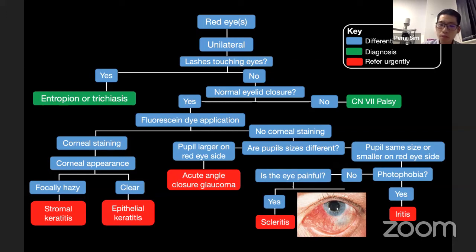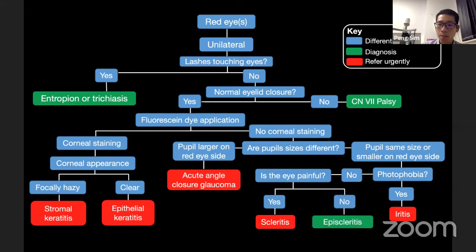If the eye is not painful, the patient is relatively comfortable, and the pain is bearable, then it's the benign version of scleritis, episcleritis, and episcleritis here is the only diagnosis that is non-urgent. Okay. So that's the red eye.